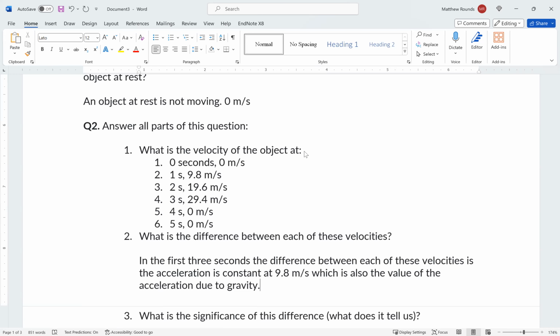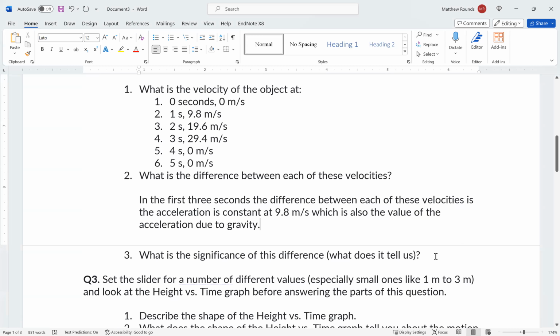Okay. We then want to say what happens somewhere between 3 and 4 seconds. We already alluded to that in the picture. What happens?